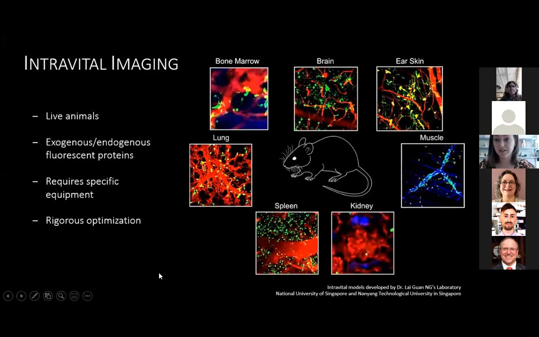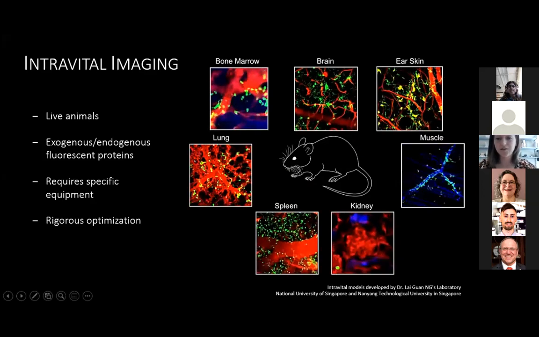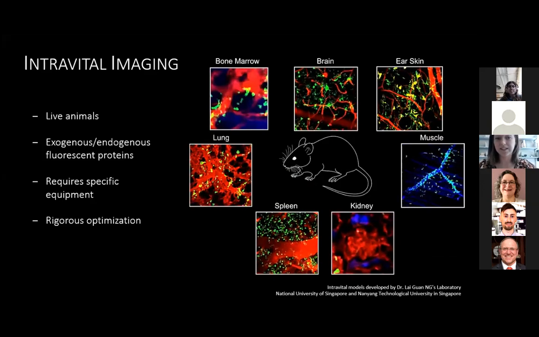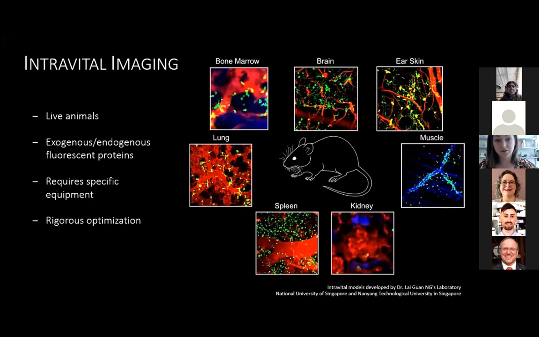And there's this particular lab here that has many different models on how to do intravital imaging in brain, in lung, in spleen. And while you do need specific equipment to do this kind of microscopy experiment, it does require a lot of optimization, but you have the benefit of having your samples live, and you can use endogenously expressed fluorescent proteins, or you can introduce contrast in other ways.